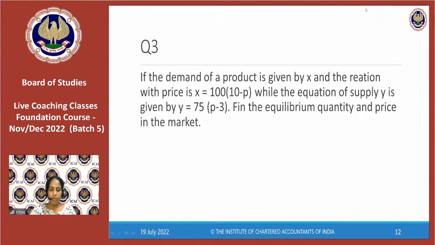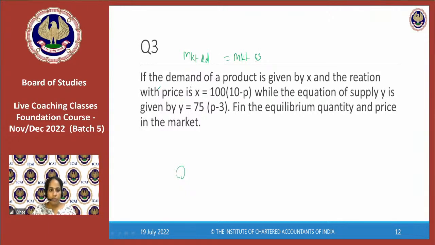Now this is a demand and supply question. I'm sure you might be practicing and revising economics as well. There's a concept of equilibrium. Equilibrium in the market is derived when the market demand is the same as market supply.